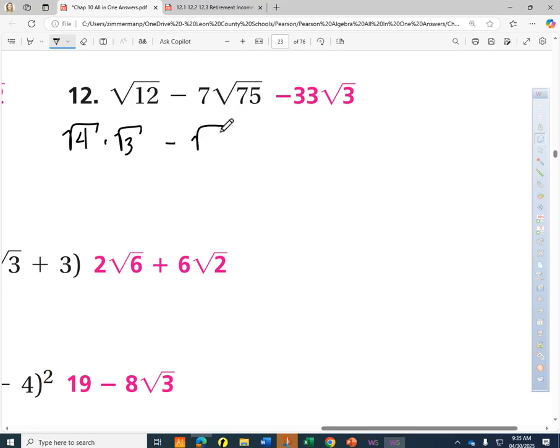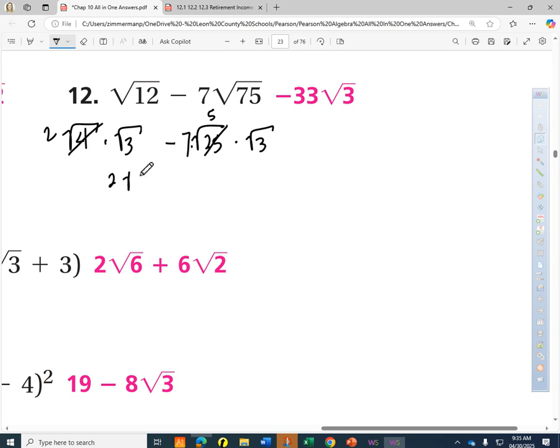So we're going to put the perfect square, let's stick our number on the outside there, minus 7 times the square root of 25 times the square root of 3. And so hopefully we're getting pretty quick: the square root of 4 is 2, the square root of 25 is 5.